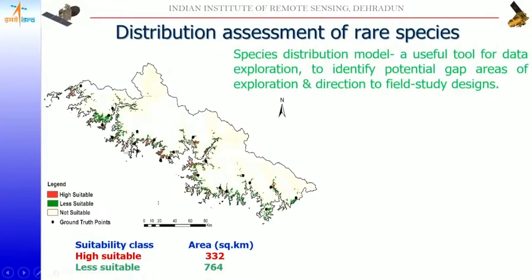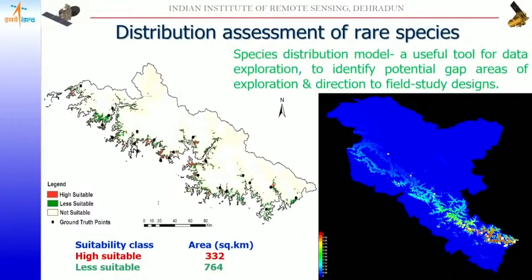This is one example of a medicinally important species in the Himalayan region. Based on this analysis, we can assess which areas are highly suitable, less suitable and not suitable. This analysis also gives the stratification base for sampling in field studies.